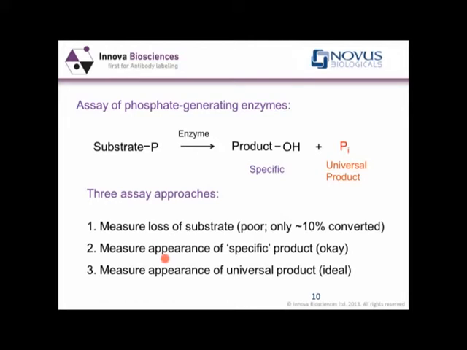This is a perfectly fine approach, but any method that you develop to measure this will be very much applicable to this substrate and not to other substrates. The third approach is to measure the appearance of the universal product, PI. Now this is ideal because if you have a system for measuring this, you can plug in any number of different enzyme reactions and measure a common product.